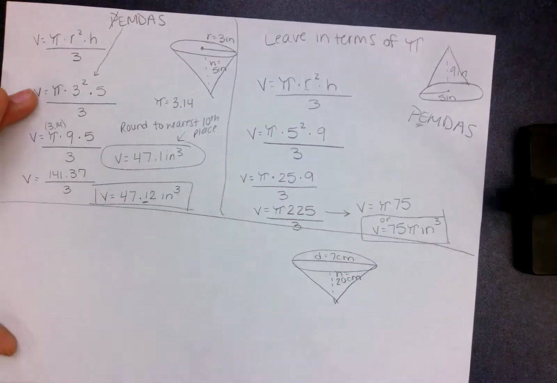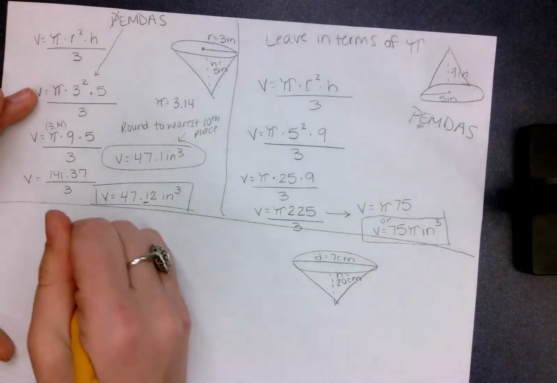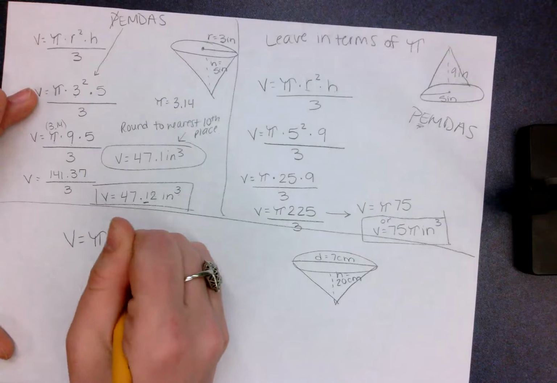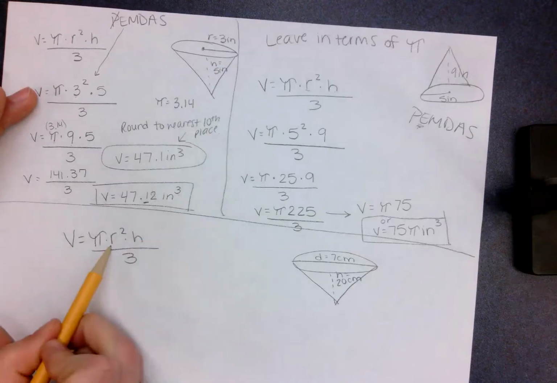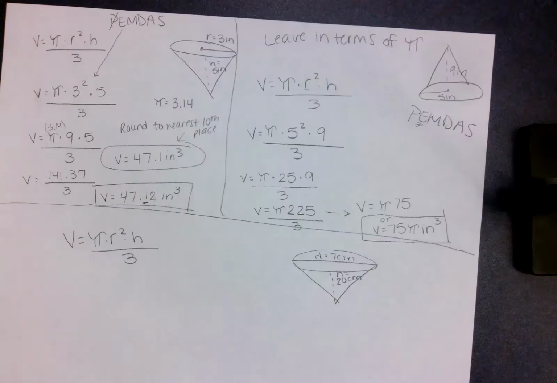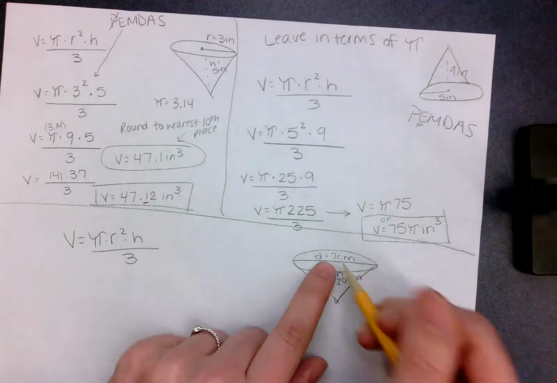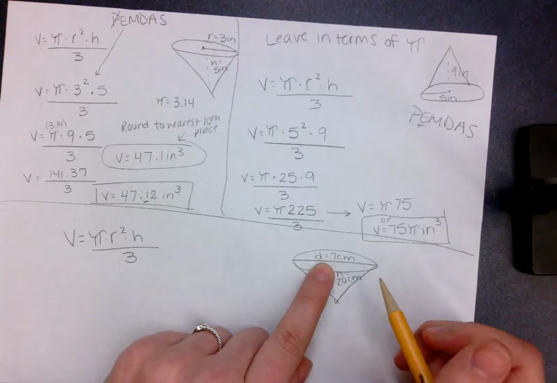The first thing we have to do is figure out what our radius is, because if you look at our formula, we need our radius. We don't care about the diameter. We need to know what the radius is. But we do care about the diameter because it's going to help us figure out what the radius is.